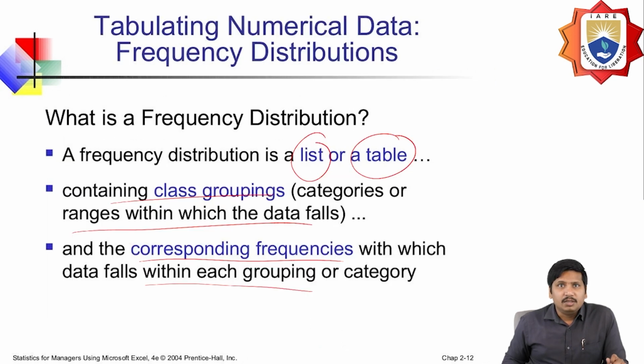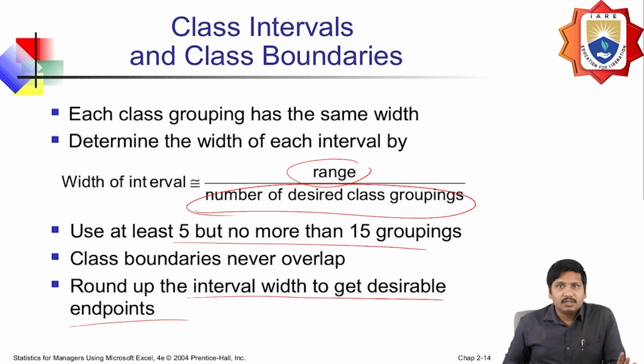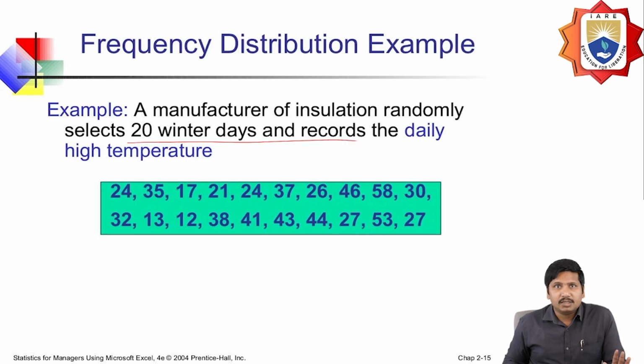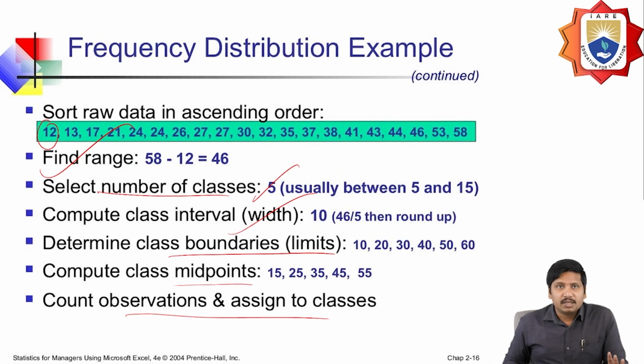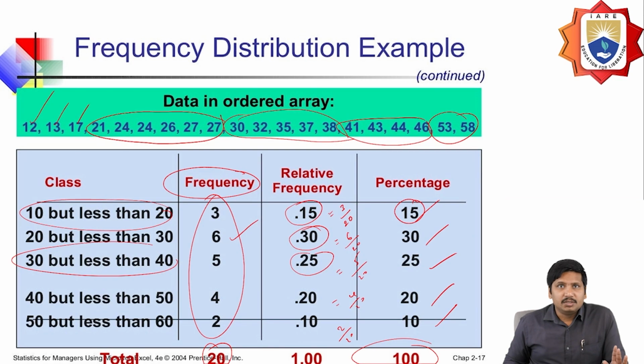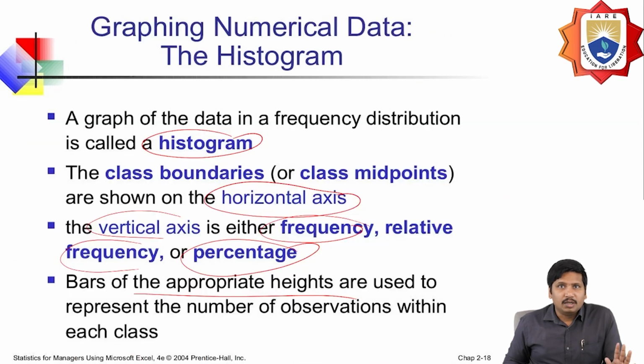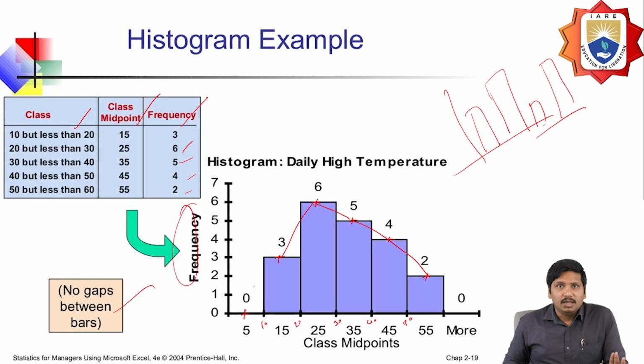The frequency distribution is nothing but a list or table where we have the class grouping and corresponding frequencies. For these class frequencies and class boundaries, we construct a histogram. For constructing a histogram we have to know the range, number of classes, class interval, class boundaries, midpoints and observations, and this is the example I took for constructing this histogram.